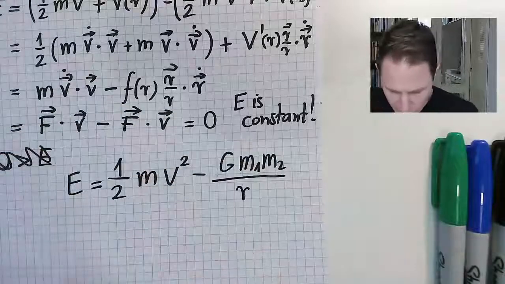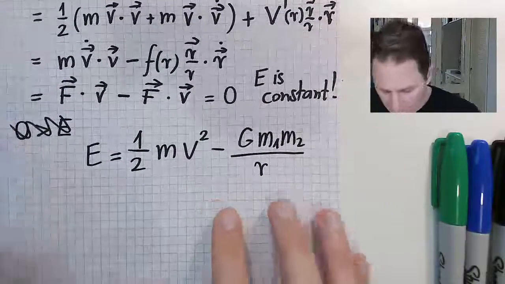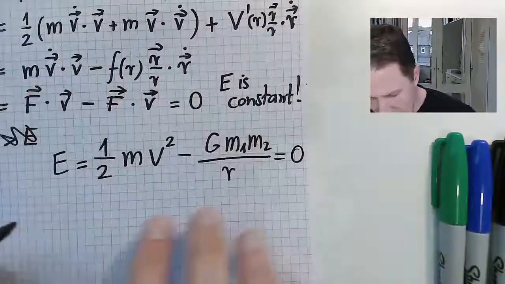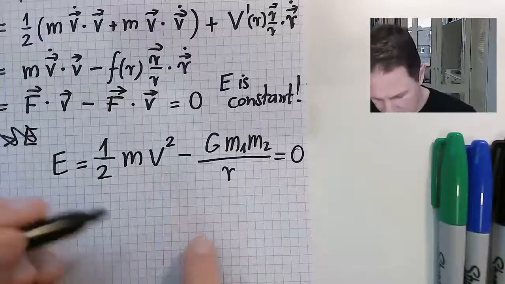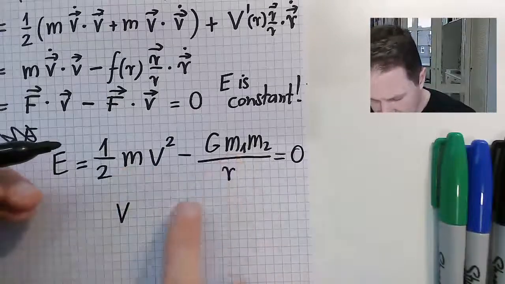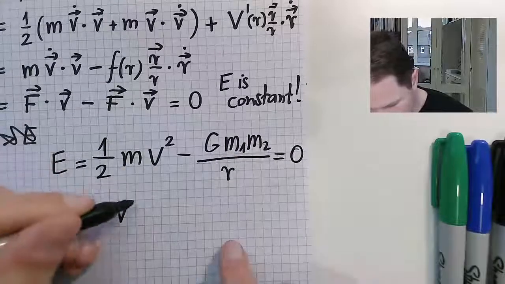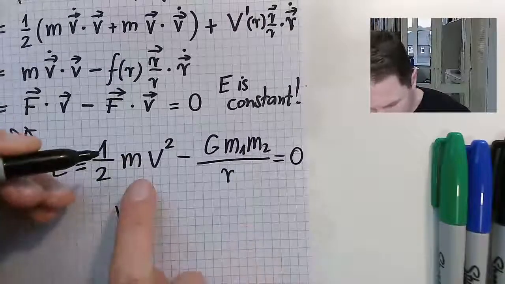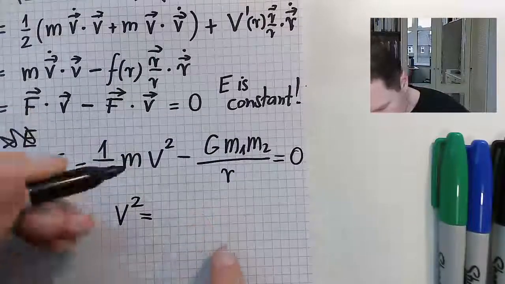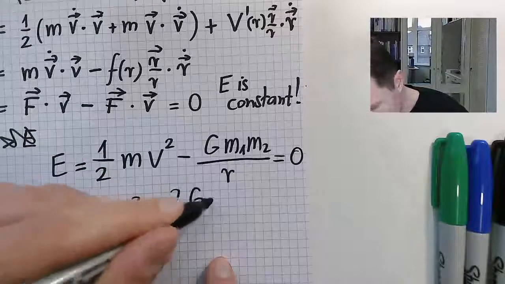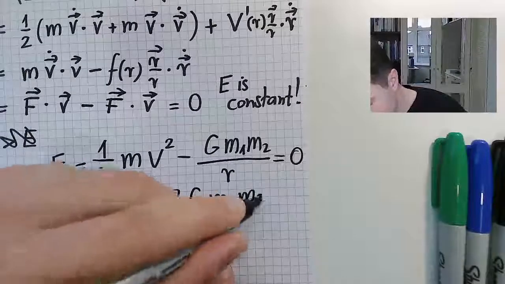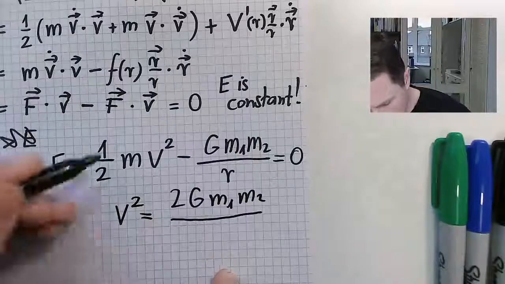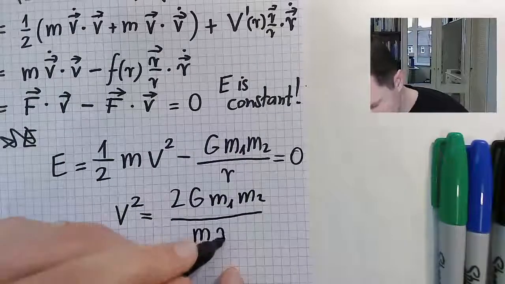Okay, so if this is 0, I can express v using the masses and r. So v squared is going to be in this case 2G times m1 times m2 over m times r.